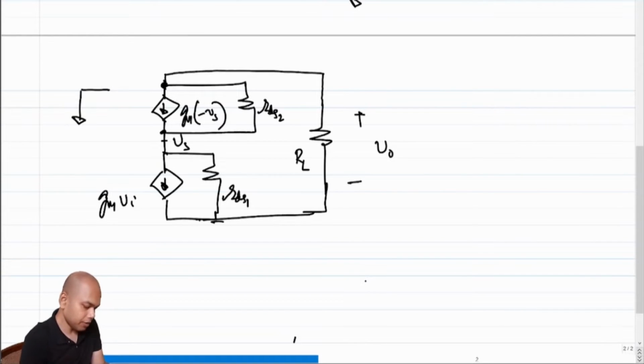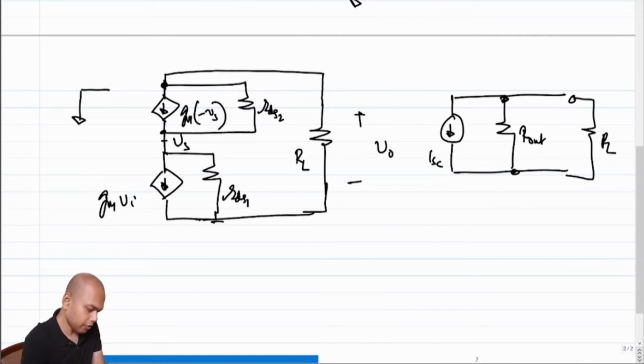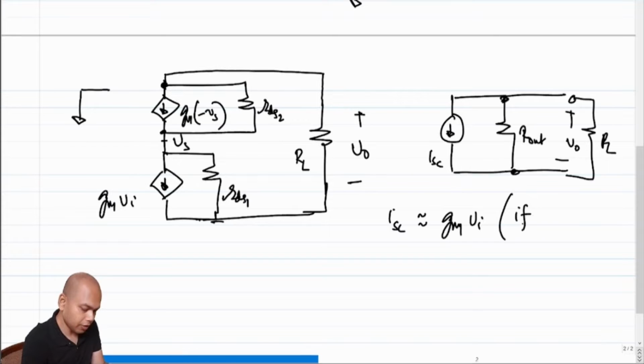Then what did we further see? We further saw that the short circuit current, the equivalent Norton equivalent model for this, so if this is RL, and we call this ISC, and this Rout. So the Norton equivalent model for this was that ISC was almost equal to GM1 times Vi under the condition that, what was the condition?